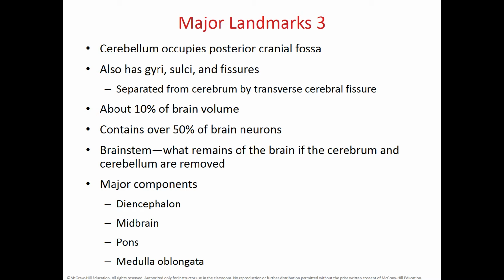It makes around 10% of the volume of our brain, and as we said before, it has 50% of the neurons of the brain, and it is located in the posterior cranial fossa.